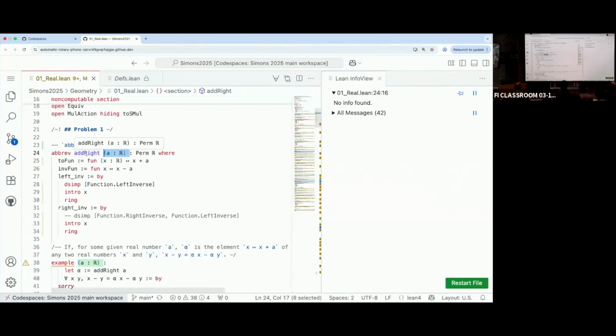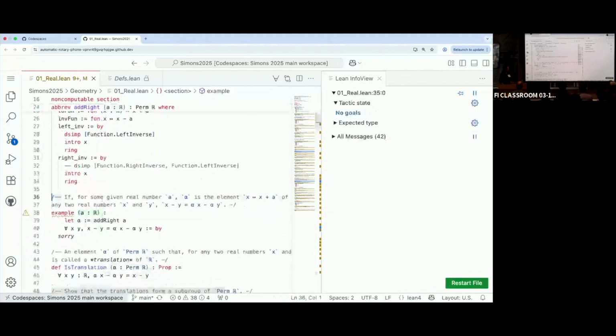Oh, I wrote it backwards. It was to prove that x minus y equals alpha of x minus alpha of y. So this was the next sentence in the exercise. Let's see if we can establish that.